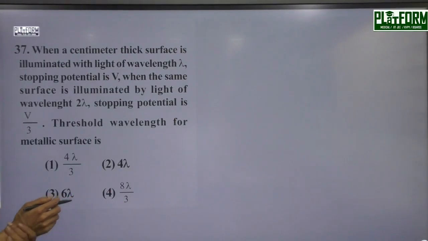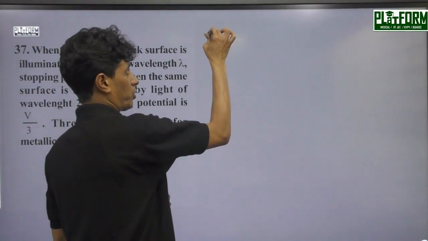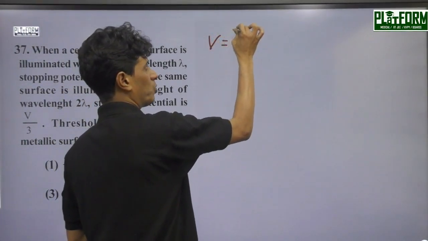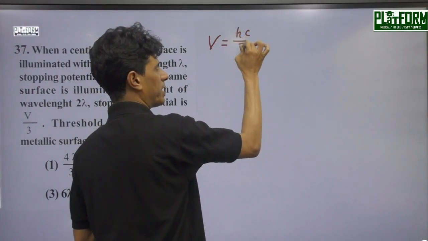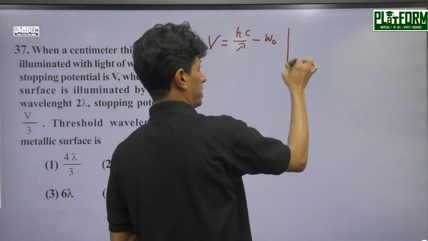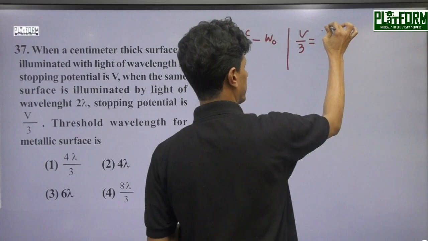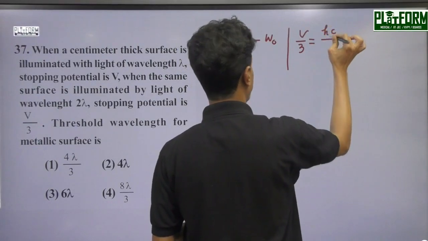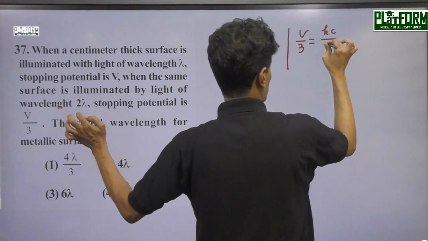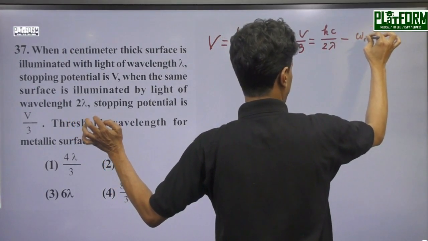The surface is illuminated by light with wavelength lambda. Stopping potential V is equal to hc by lambda minus work function, and the second equation, stopping potential V by 3, is hc by 2 lambda minus work function.